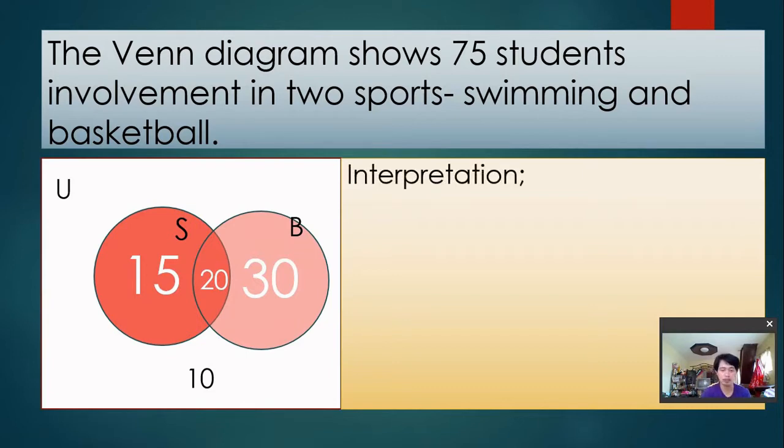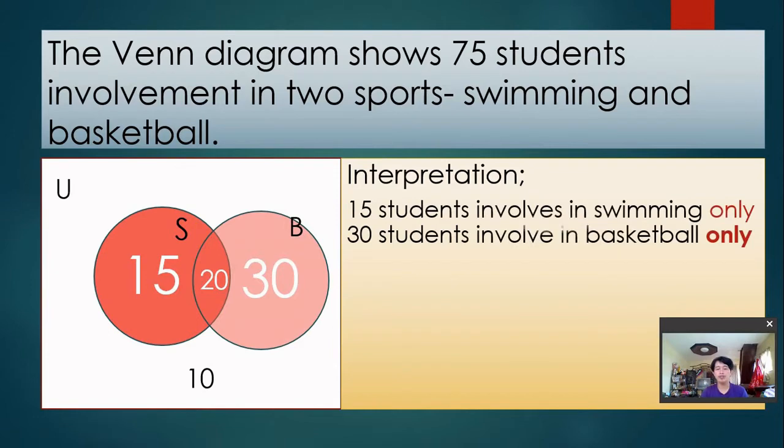So, interpretation. 15 are students involved in swimming only, and 30 students are involved in basketball only. So 15 is only swimming, and 30 is only basketball. These 15 students don't like basketball, and the 30 students don't like swimming.